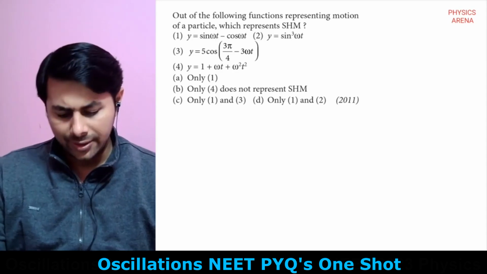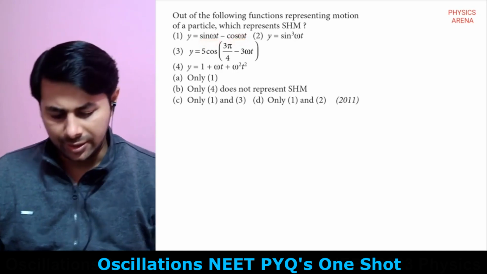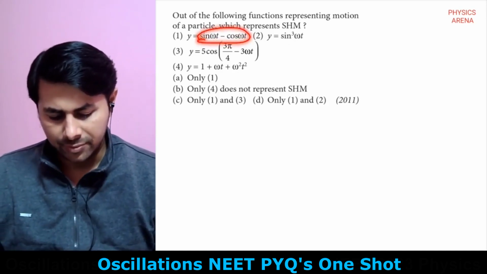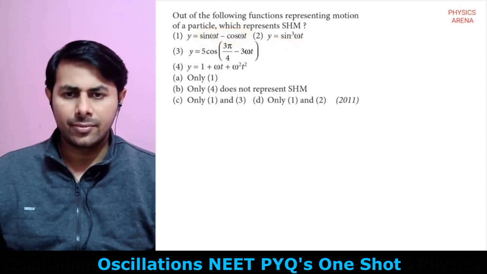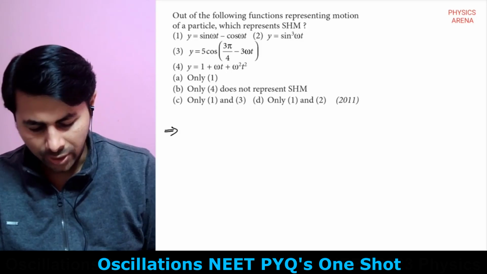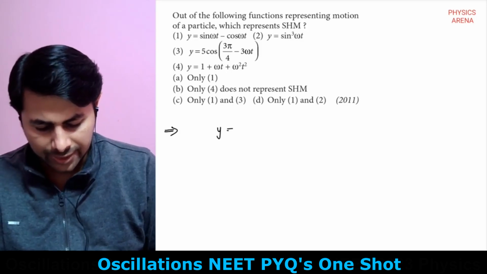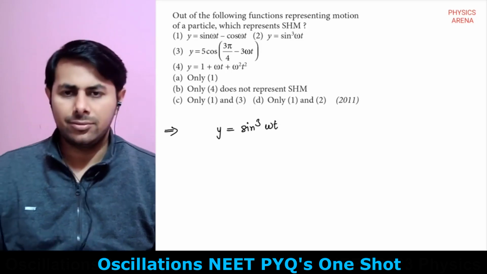It is, right? This is a combination of two SHMs having the same frequency. So it's an SHM. Second one, is it an SHM? Let's talk about the second one. Y is equal to sine cube of omega t.